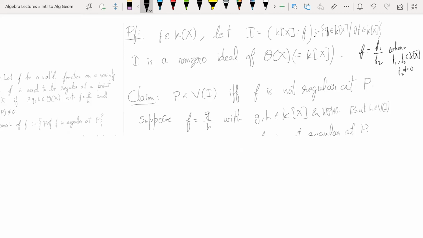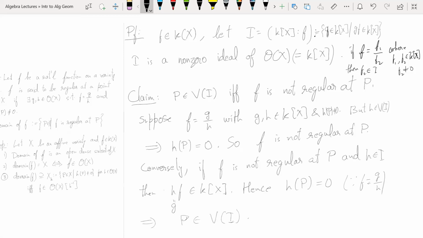So which element do you think is in I? Then f2. If you multiply by f2, you land in k[X]. So f2 belongs to I. So there are non-zero elements in I, so I is a non-zero ideal.